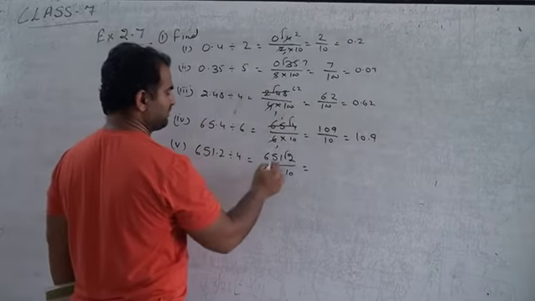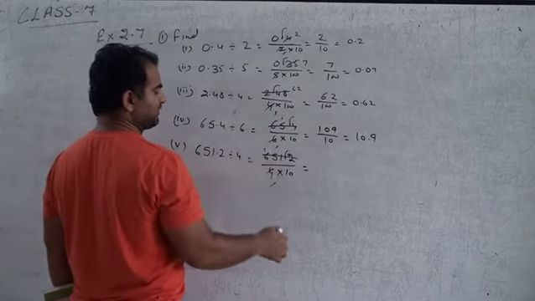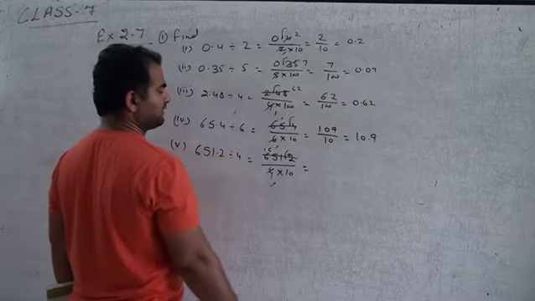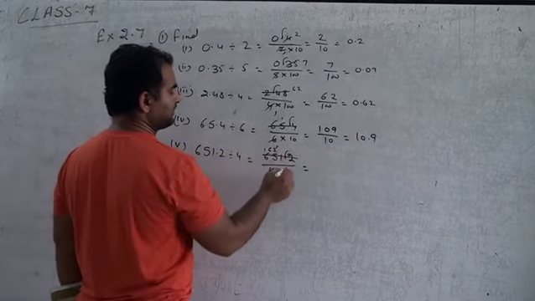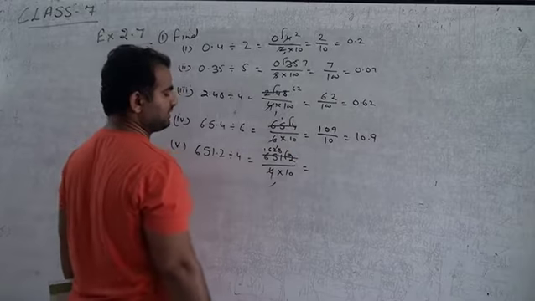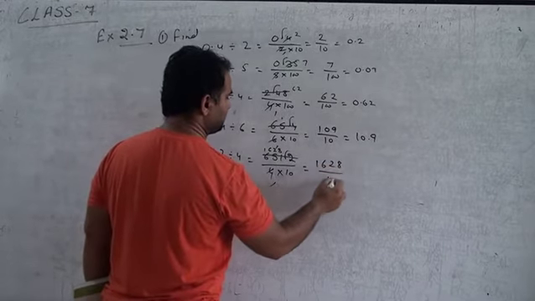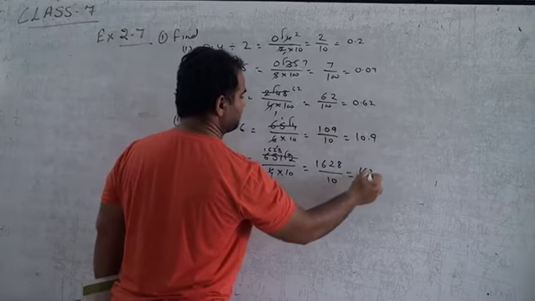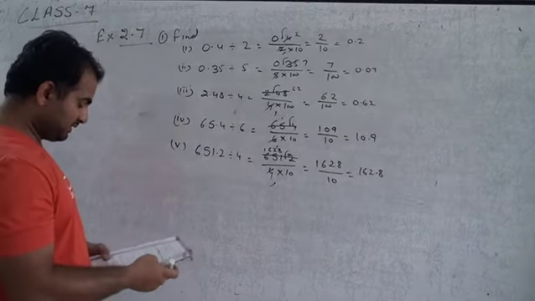So 4 1 is 4. 2 remains, 2 5 25. 4 6 are 24. Again 1 1 11. 4 2s are 8, and 4 8s are 32. It will be 1628 upon 10. It will be 162.8. Done.